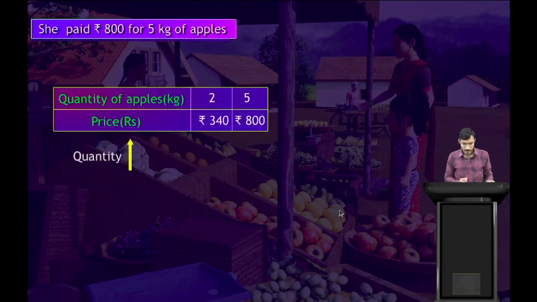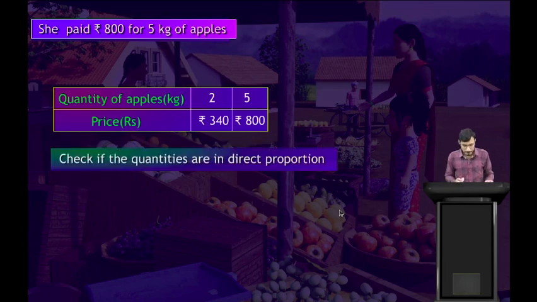You can see the quantity increases, so the price will increase here. When the quantity increases, the price will increase. That means direct proportion. So check if the quantities are in direct proportion. Can you do this?